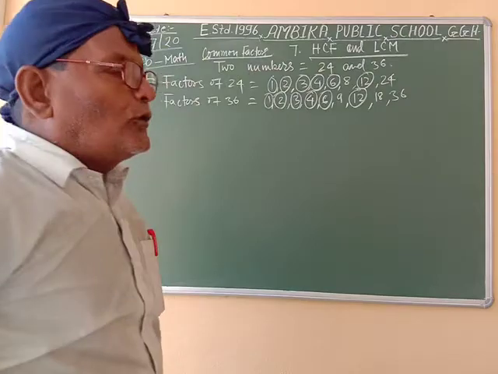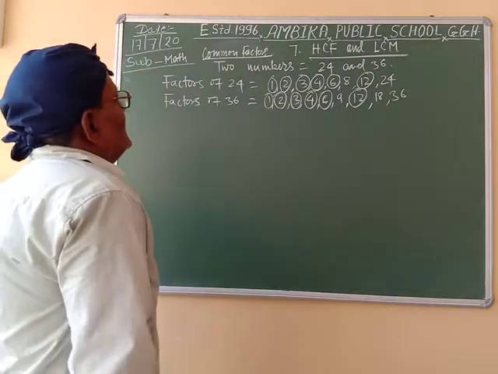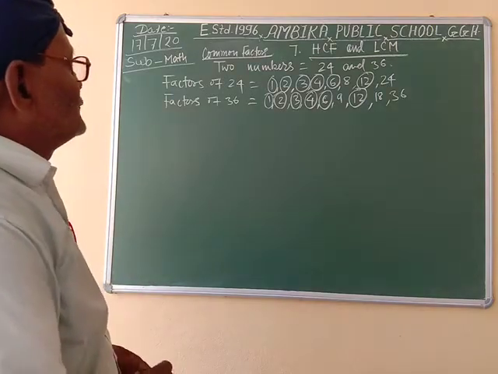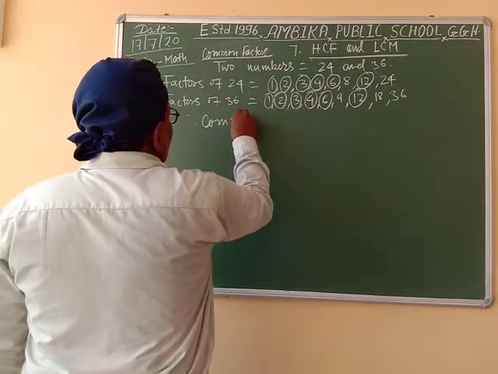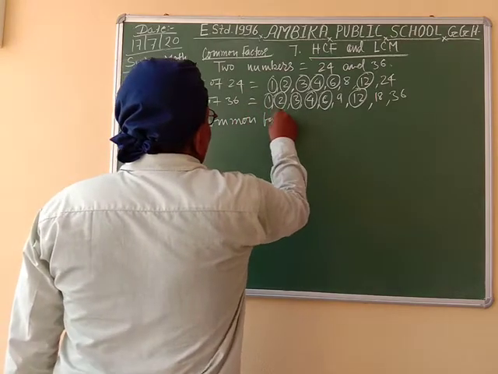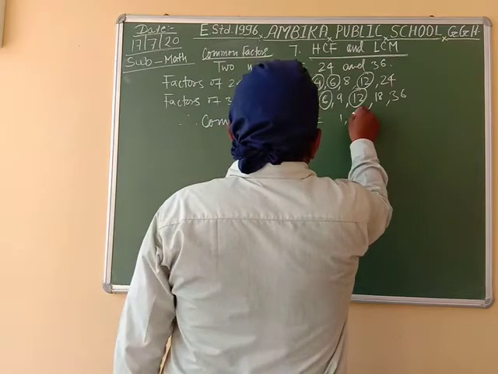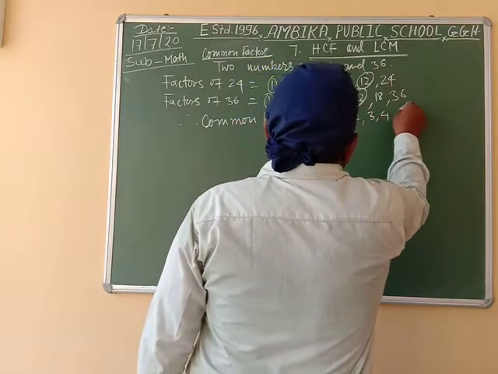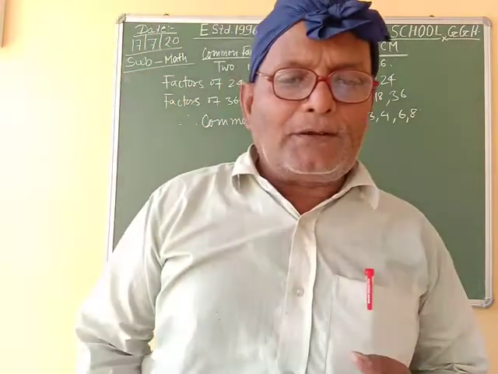These numbers are common in both 24 and 36. So the common factors are 1, 2, 3, 4, 6 and 12. These factors are called common factors.